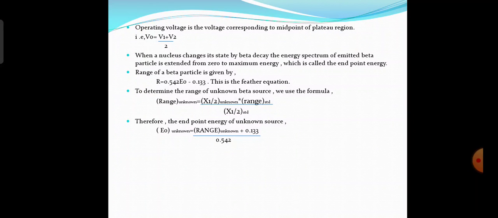Then we want to determine the endpoint energy of the unknown source. By obtaining the range of the unknown source, we can determine its endpoint energy using the equation: range of unknown plus 0.133 divided by 0.542.